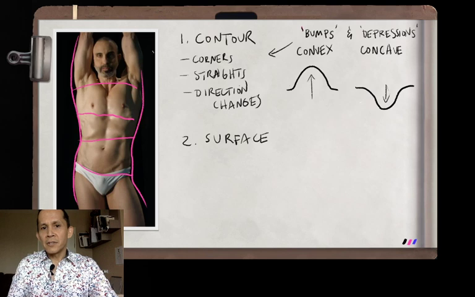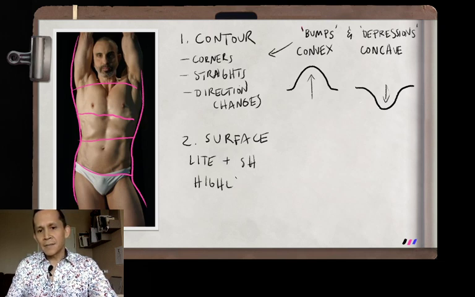Bumps and depressions look like corners, straights, and direction changes on the contour. On the surface, they look like light and shadow. They look like highlights and shadow shapes, basically.